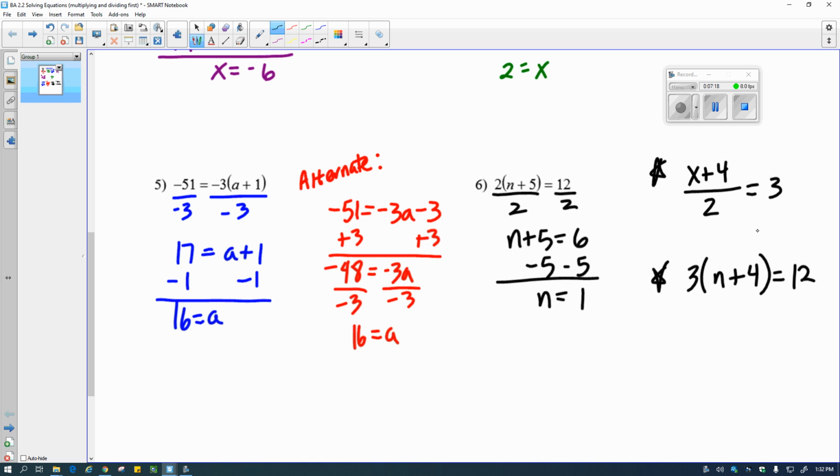So these are the 2 types of problems that we're going to focus on. I urge you on the second type to do the division style first, divide that multiplication out, as opposed to distributing. Now there are going to be problems where we have to distribute. That'll come again in the near future. But again, there are going to be problems where we can't distribute, and so I want to make sure that we can recognize both options.